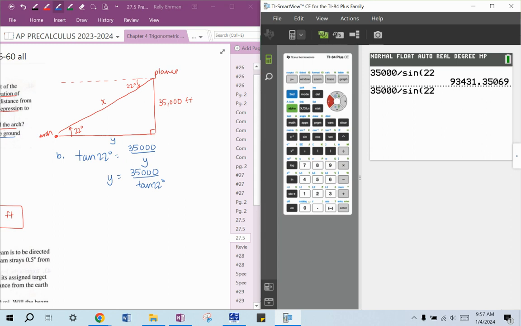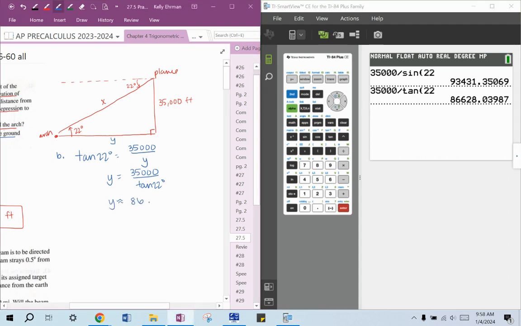Just change sine to tangent. So that distance is approximately 86,628.39, which is going to round up to 86,628.40. And that's also labeled in feet.